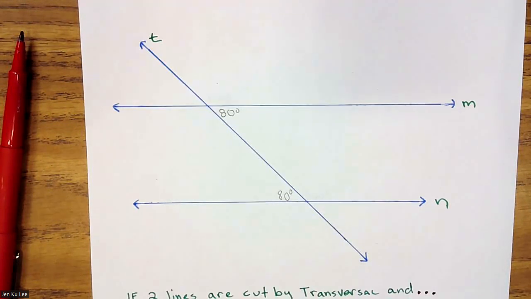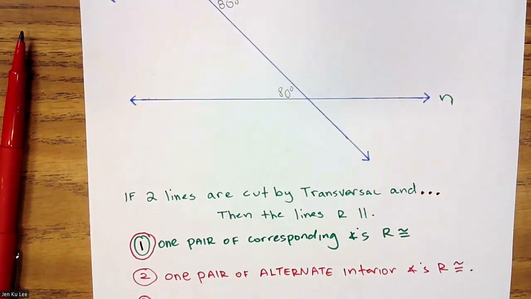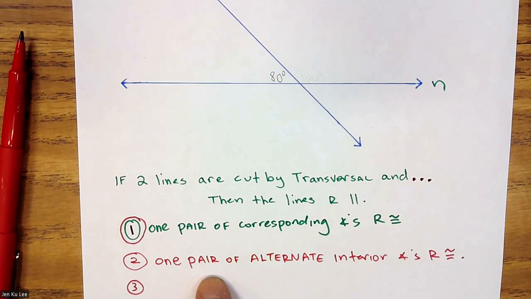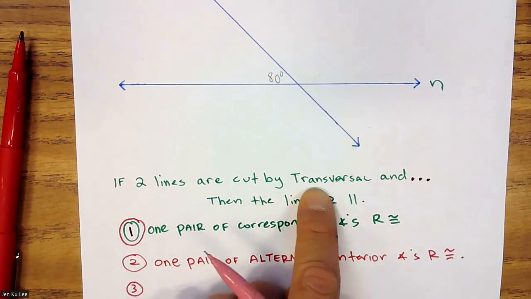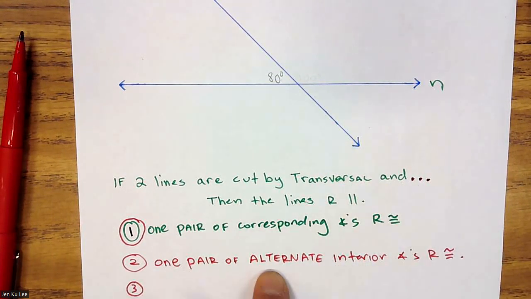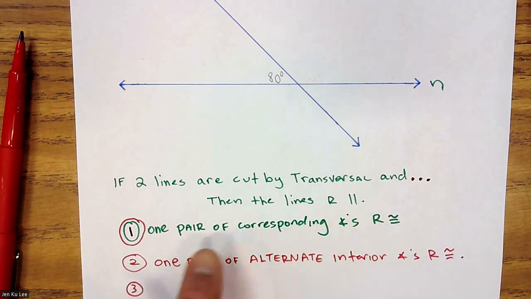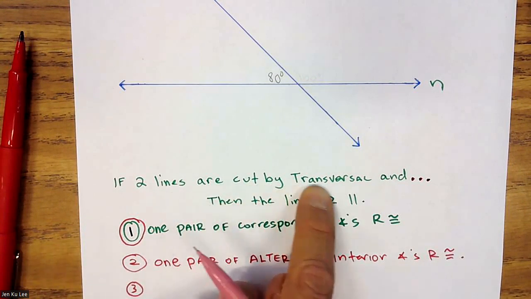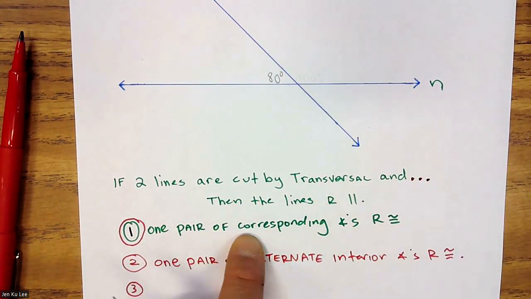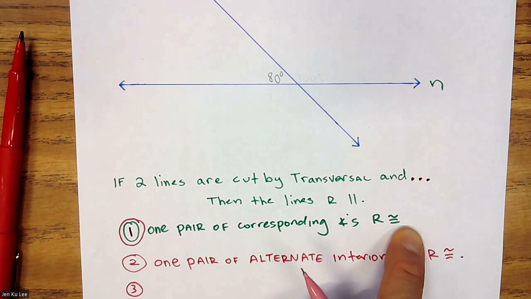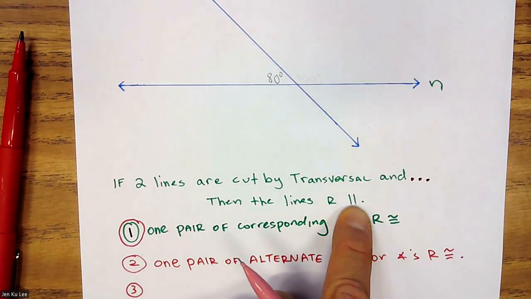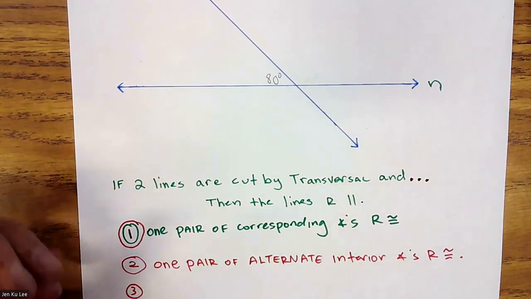What's another reason? So the second reason: if two lines are cut by a transversal and one pair of alternate interior angles are congruent, then the lines are parallel. The first reason is if two lines are cut by a transversal and one pair of corresponding angles are congruent, then the lines are parallel. That's how you read these notes.